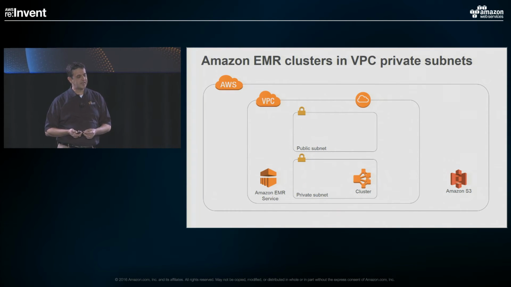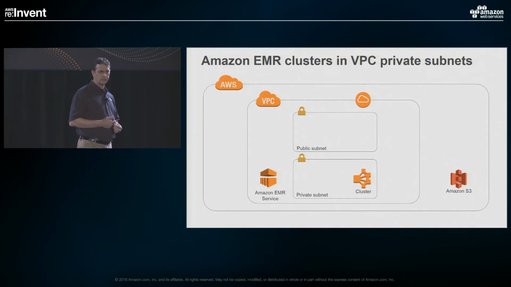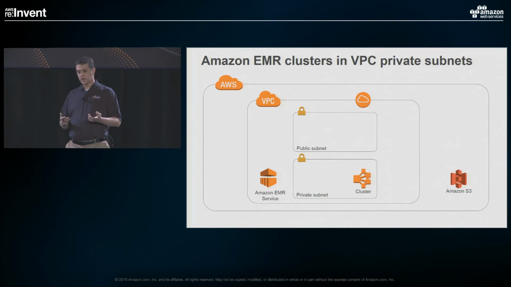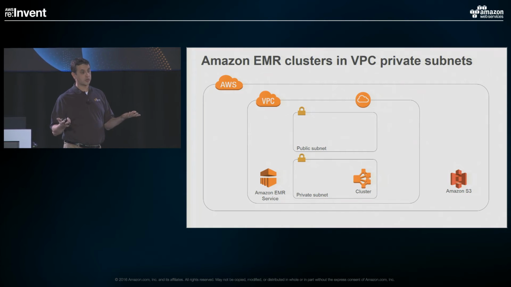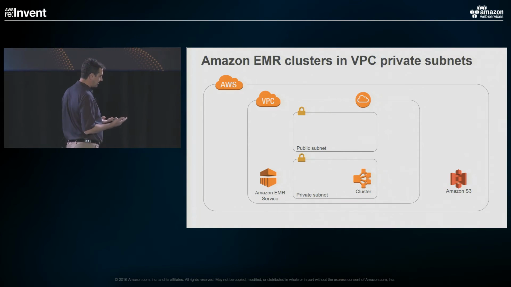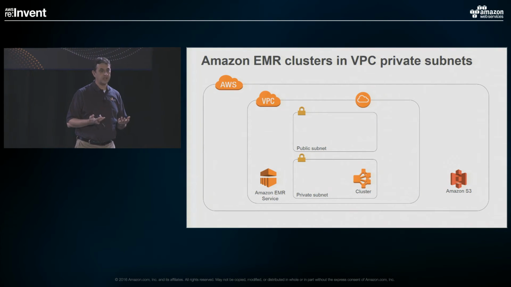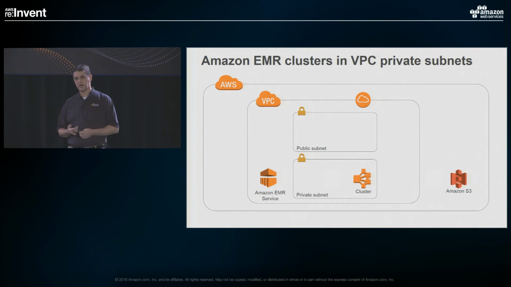First one is the ability to launch Amazon EMR clusters in private subnets. EMR is the managed Hadoop service that we offer for data analytics. Prior to this launch, you had to launch your cluster in a public subnet because EMR has this minimum requirement to be able to access S3 buckets to be able to put service logs in there.